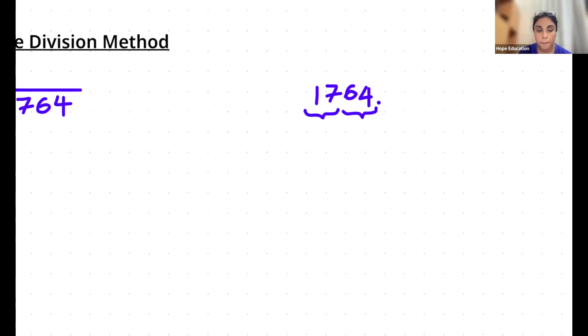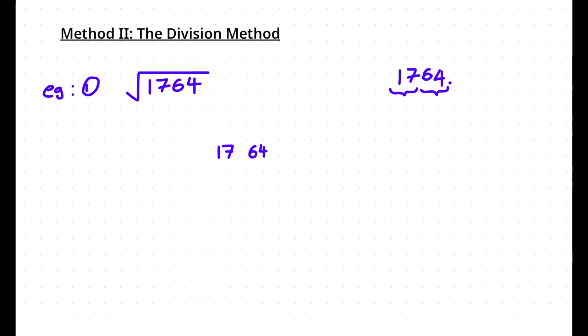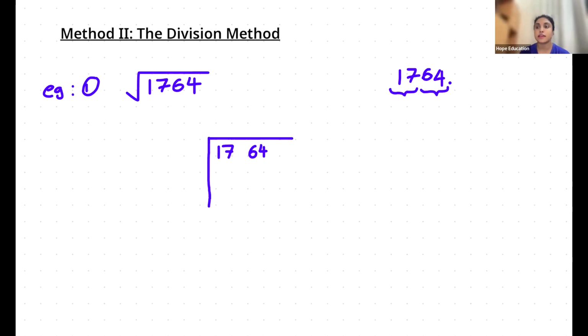So this is how I write it. 1764 is the full number, but for this step only, I break the digits into pairs. 64 is one pair and 17 is another pair. And then I'm going to put the division sign.